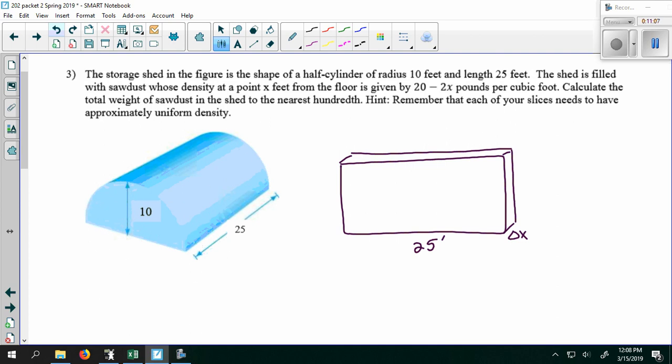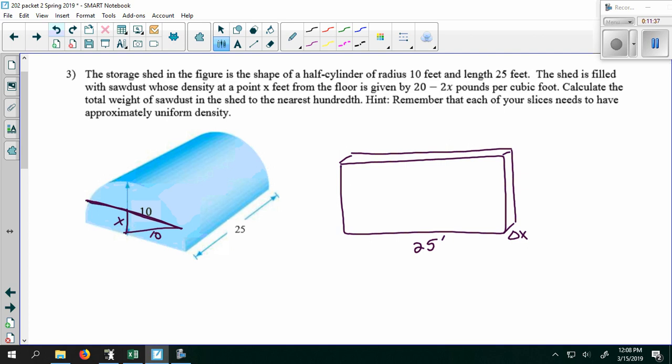Okay, so I pick a height of x feet off the ground. I need to know this length at x feet off the ground. So 10 is the radius, so that 10 we should just ignore. It's not the length I just drew. So I need to know this distance. If I draw in this extra side length, that's 10 because it's the radius of the cylinder.